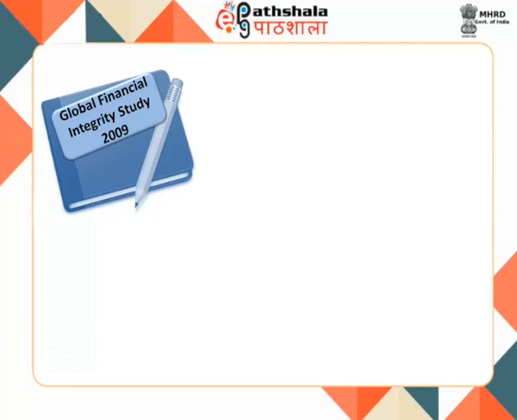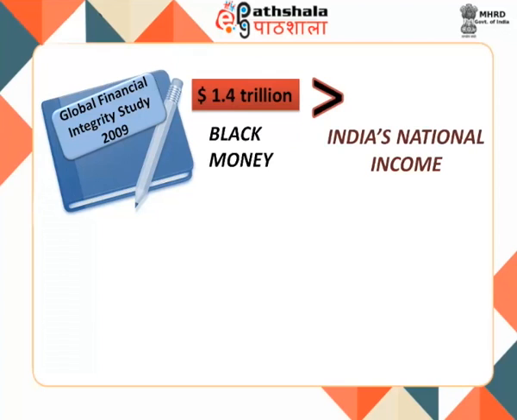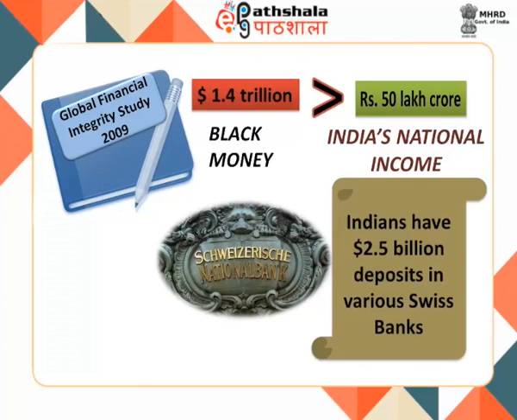According to the Global Financial Integrity Study of 2009, $1.4 trillion belonging to Indians were parked in safe havens abroad. $1.4 trillion is equivalent to rupees 70 lakh crore, more than India's national income of around rupees 50 lakh crore. A statement from the Swiss Central Bank declared that Indians have $2.5 billion deposits in various Swiss banks.